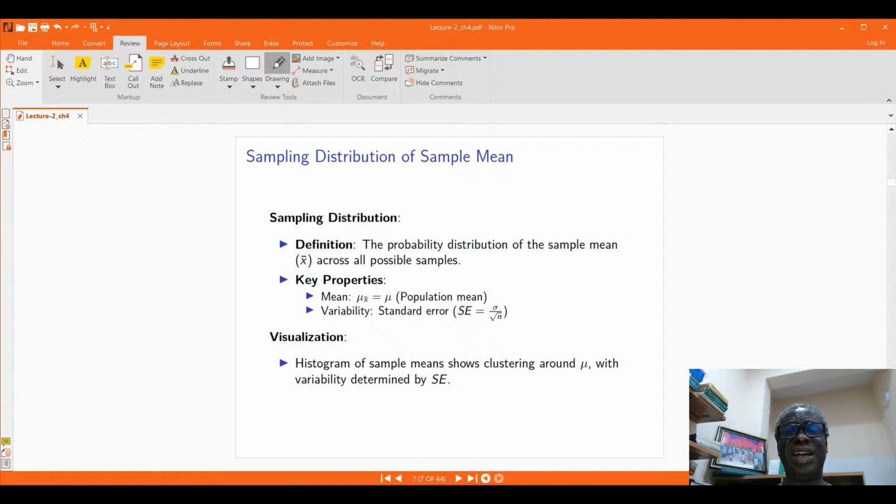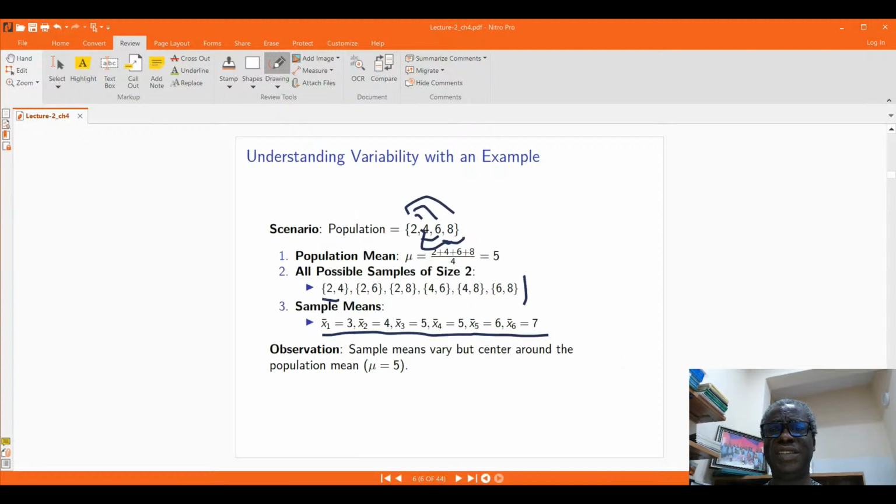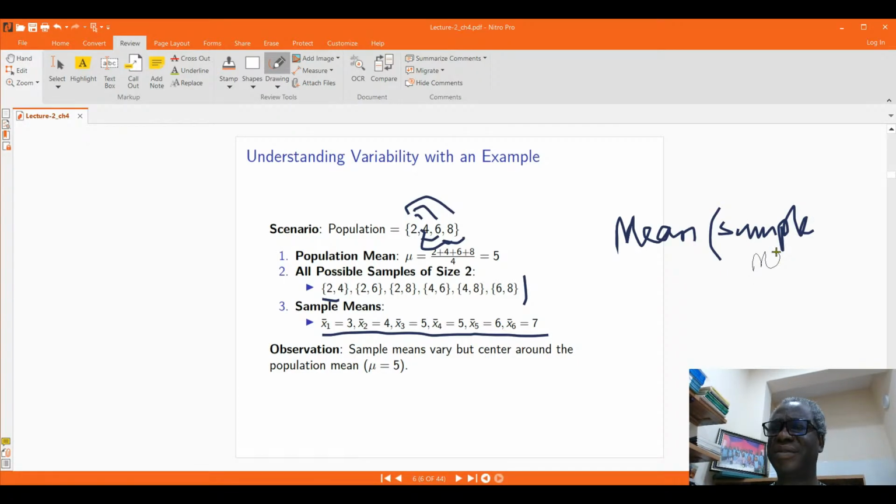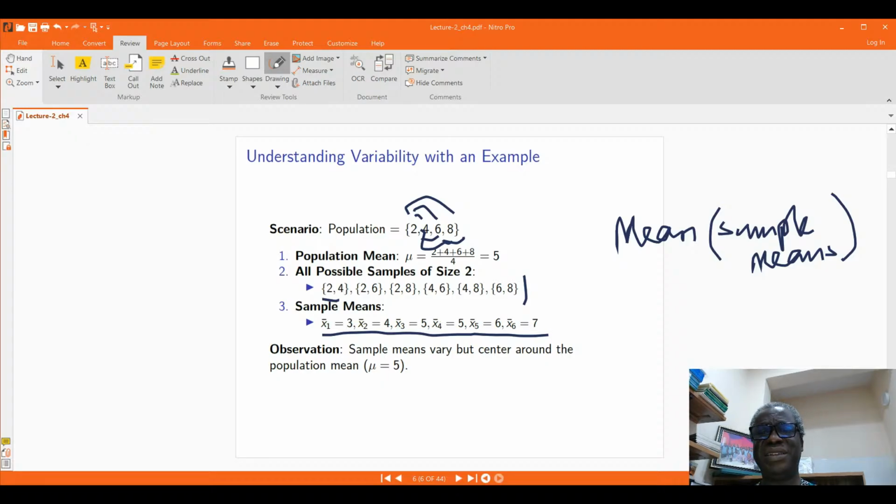One property is that if you decide, and you can try that out, to find the mean of the sample means, that is, the mean of all the 6 sample means that you have here, then it will give you the population mean.